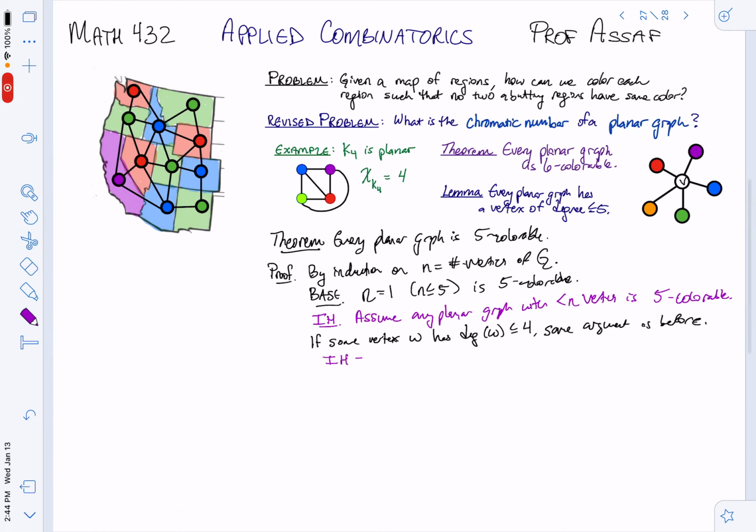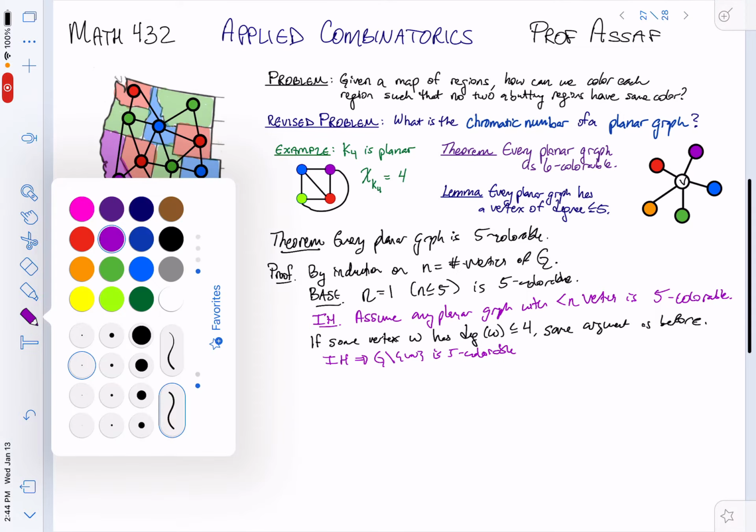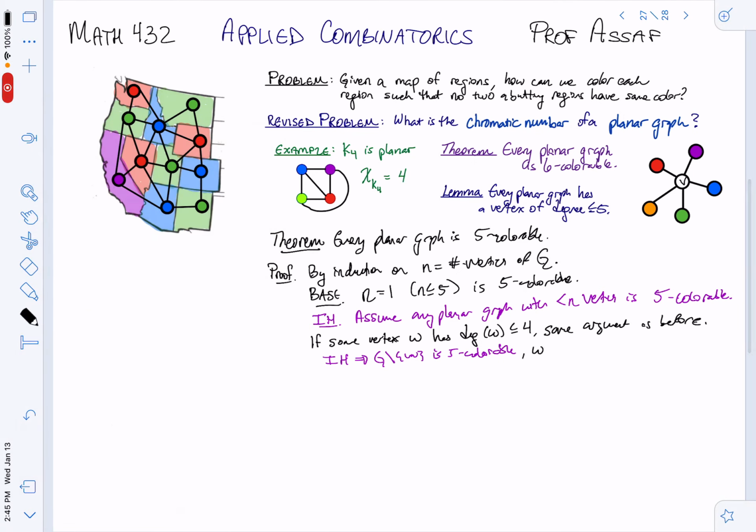So the inductive hypothesis implies that G minus W is 5 colorable. And W's neighbors use less than or equal to 4 colors. So we're done. Just take the 5th color and color W. Okay, so that's if we have a small degree vertex.